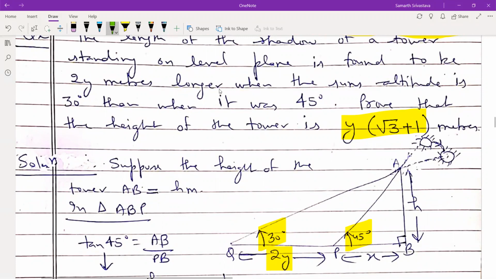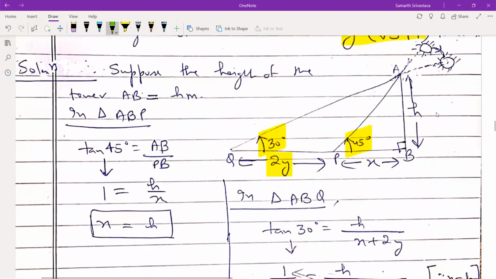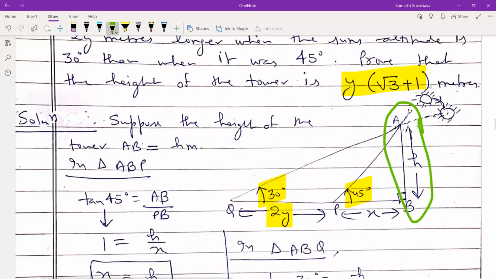So what I have drawn first of all is AB as the tower, and then I have shown the position of the sun. Initially it was inclined at 45 degrees. So suppose the length of the shadow of the tower AB is x meters. And now when the sun comes down, it is inclined at an angle of 30 degrees.